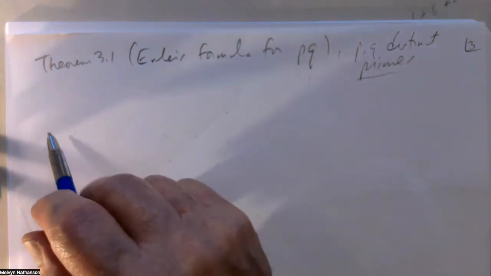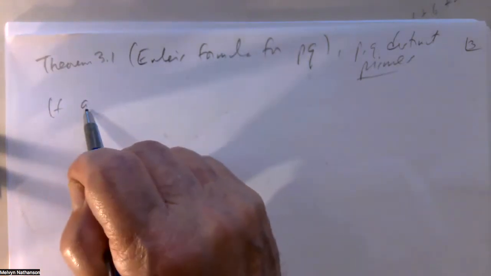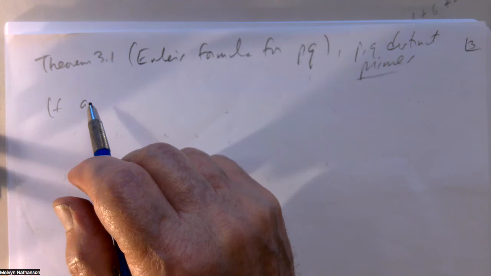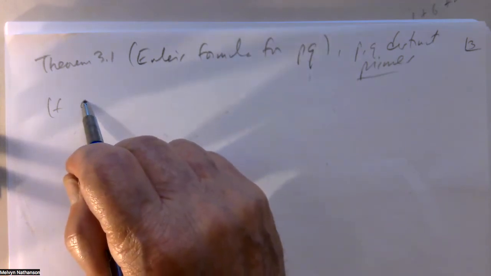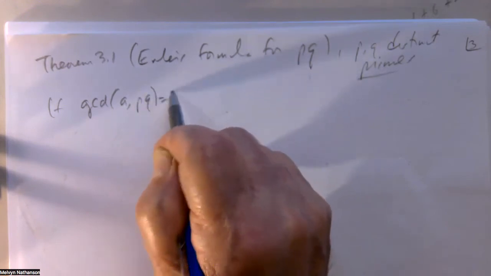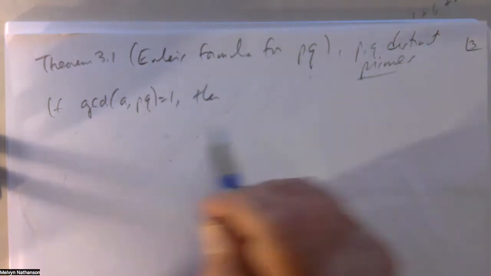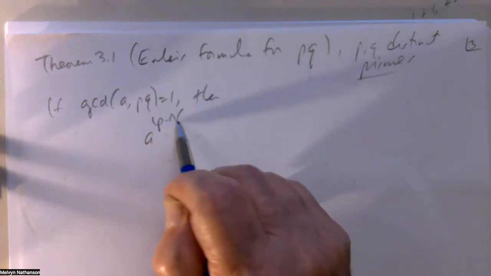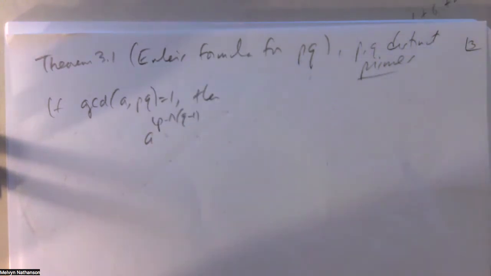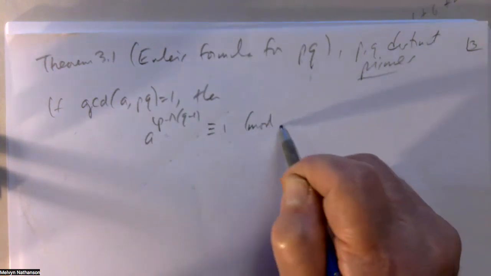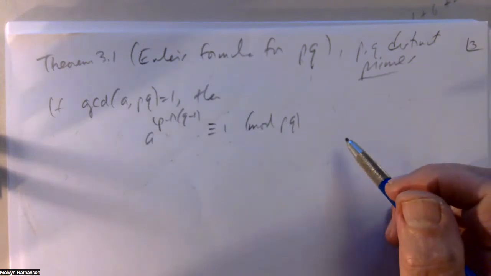So a simple case says that if a is relatively prime to p and q, so if the greatest common divisor of a and pq is 1, then a to the power p minus 1 times q minus 1 is always congruent to 1 mod pq.